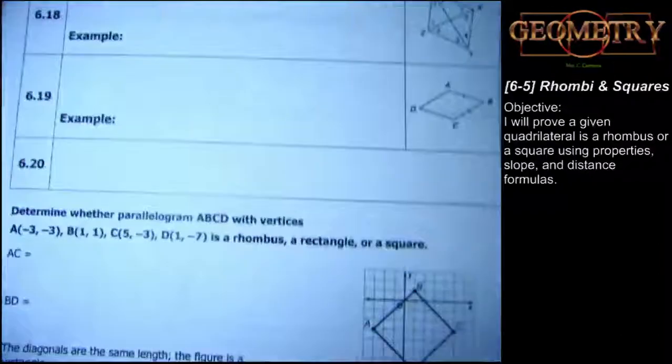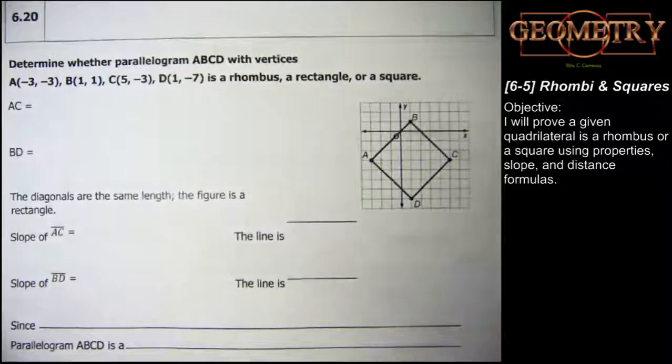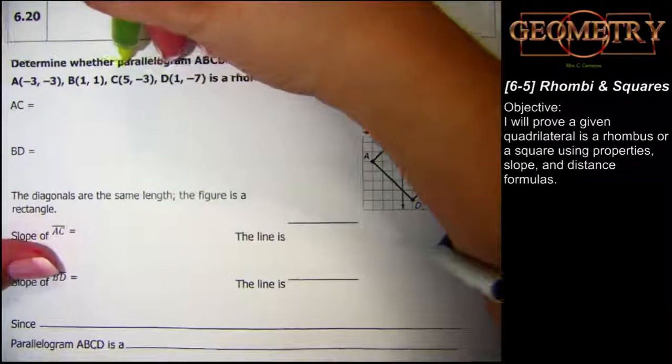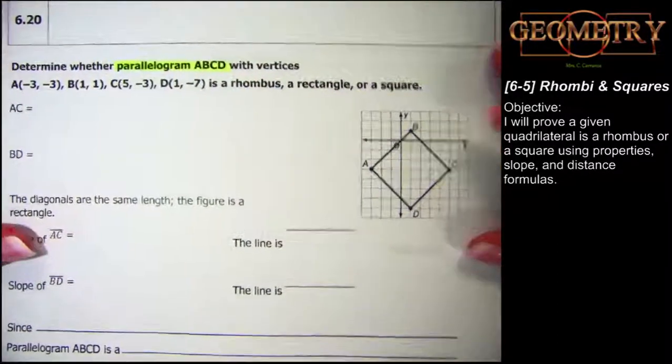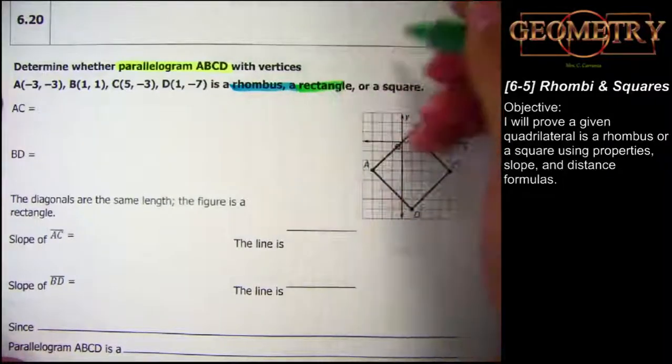Here we are. So we are looking at this example down here. This is the bottom of the back side of the first page. And we are told to determine whether parallelogram ABCD with vertices, those are the corners, guys, at these particular locations on some graph paper, a coordinate plane, is a rhombus, a rectangle, or both.